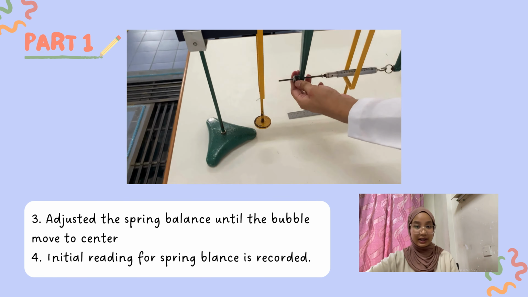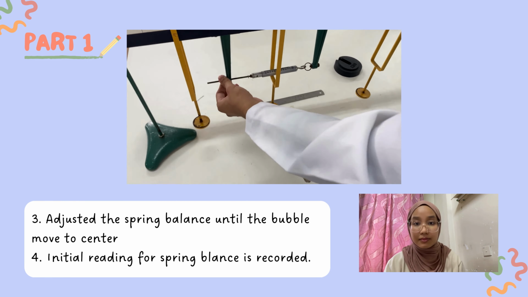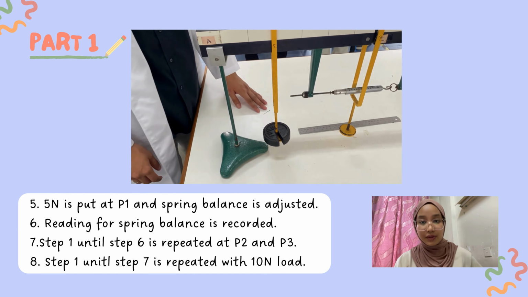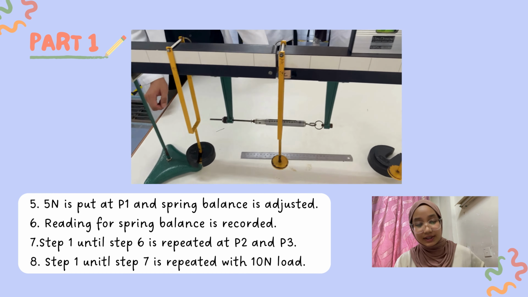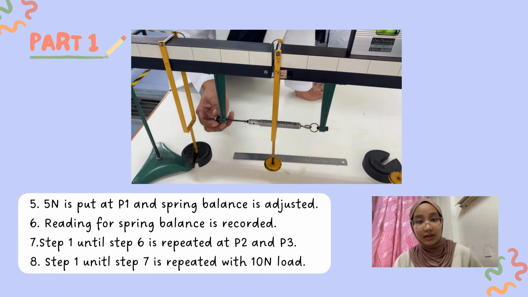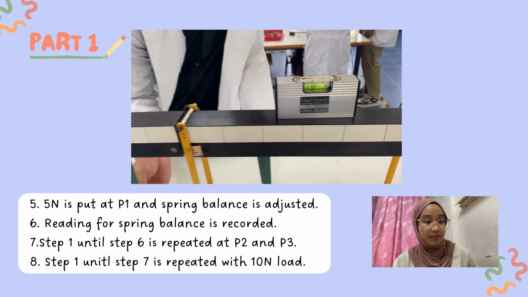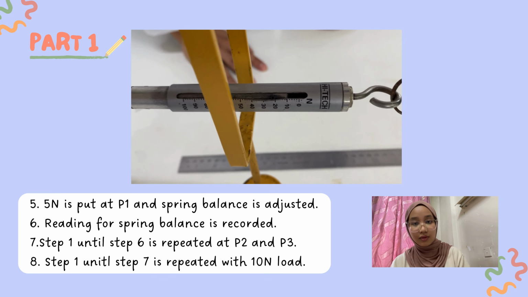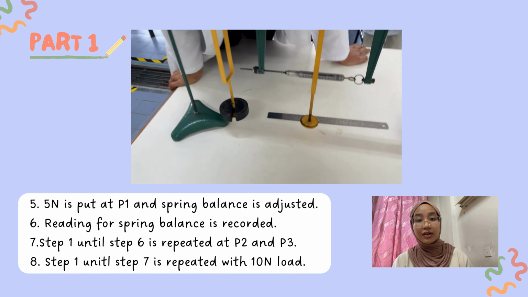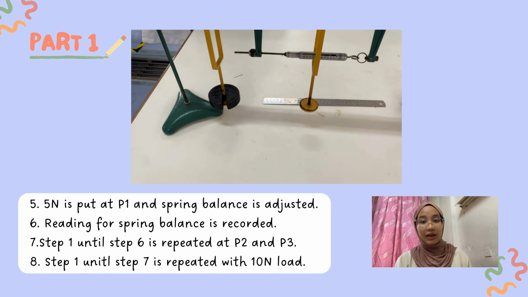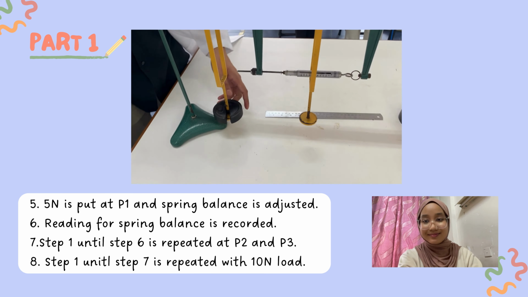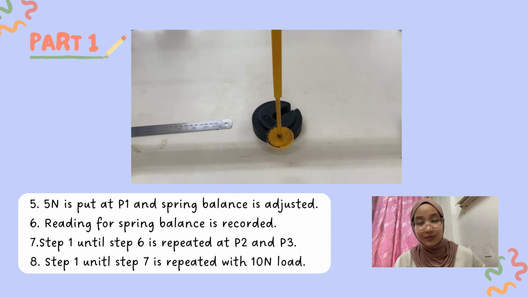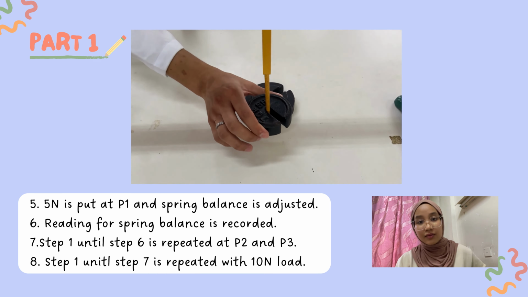Then 5 Newton is put at P1, and the spring balance is adjusted, and we take the reading. After that, steps 1 until 6 are repeated with 5 Newton, but put at P2 and P3. After that, we repeat all the steps, but with 10 Newton.